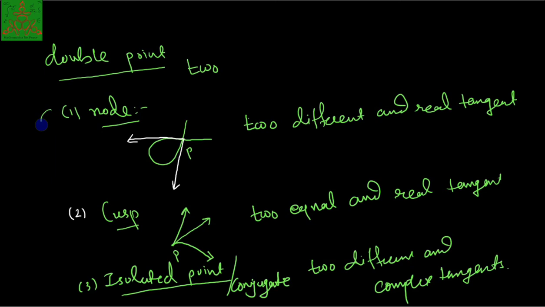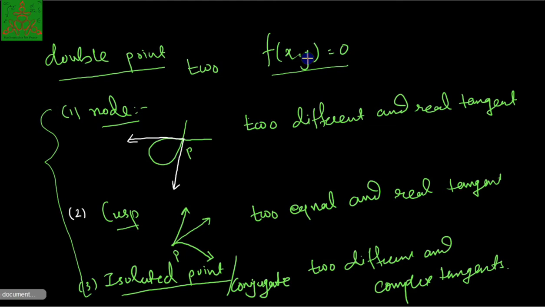In this video lecture, if you have any given curve of the form f of xy equal to 0, we will see how to find out which type of double point it is. That is our objective, and we are going to discuss the procedure to classify this double point.